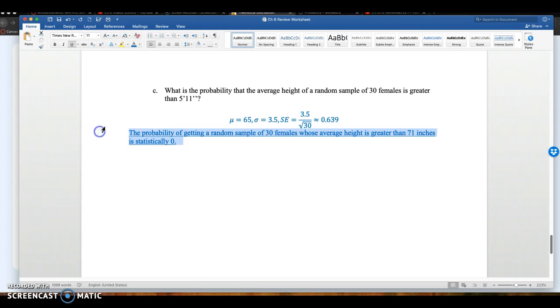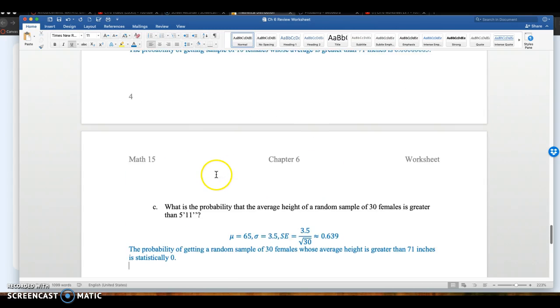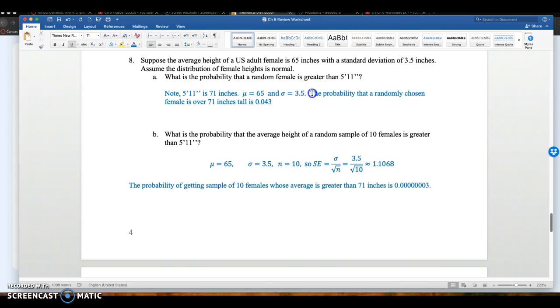Almost impossible to get a truly random sample. If you did, that would be the argument that this mean cannot be correct, because this is so highly, highly, highly unlikely.